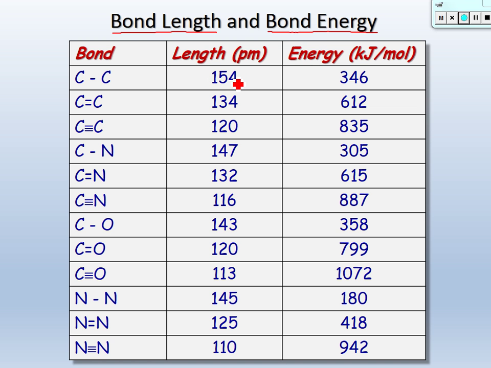But if you look at the energy required to break or to form these bonds, a single bond has the least energy. A double bond has more energy. And if we have a triple bond, let's see, do we have a triple bond over here? Yeah, a triple bond, even more energy. So triple bonds have the most energy and they're the shortest. Single bonds have the least energy, but they're the longest. So anyway, I wanted to point that out and make that correlation there.